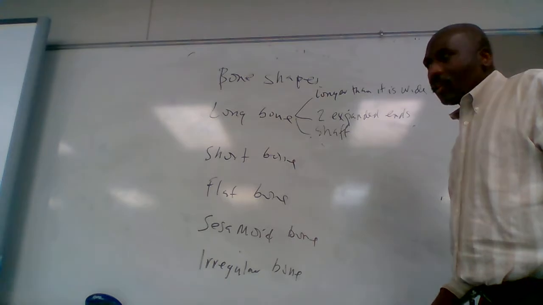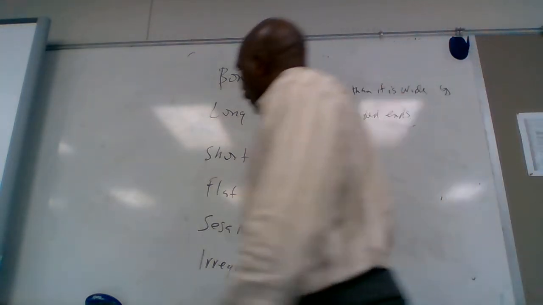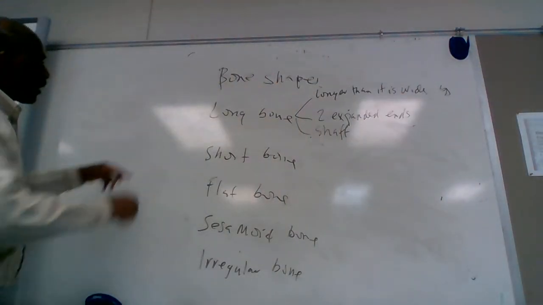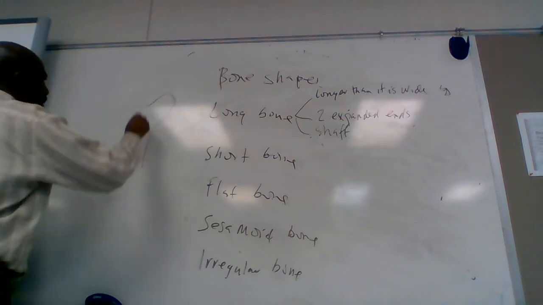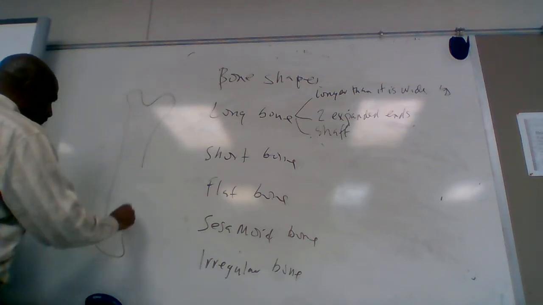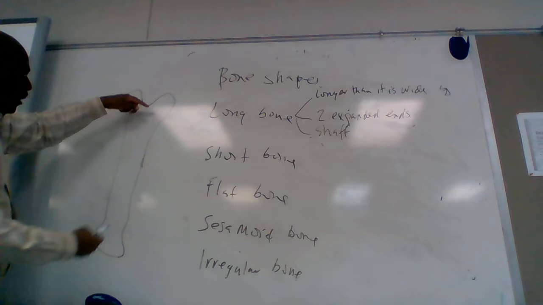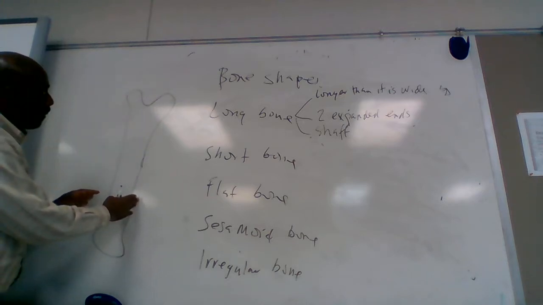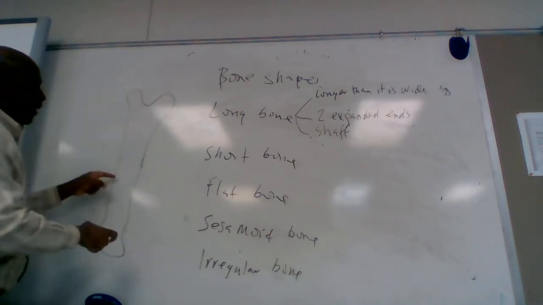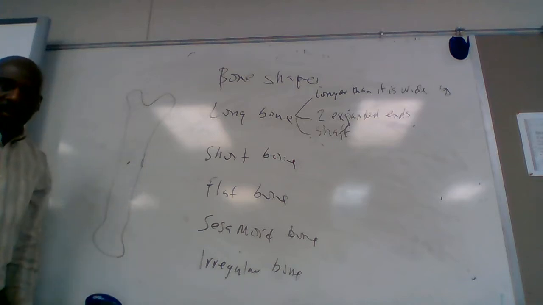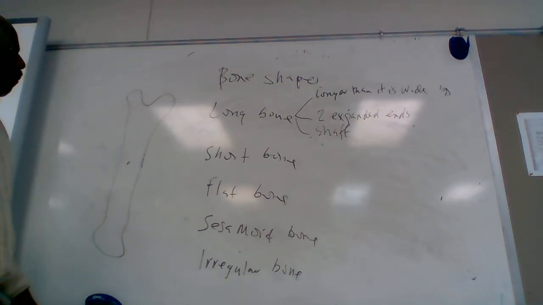If I made a brief sketch, you will see something like this. This will be a long bone. It is longer than it is wide, it has two expanded ends, and a shaft somewhere right in here. If you see this, we know that this is a long bone.